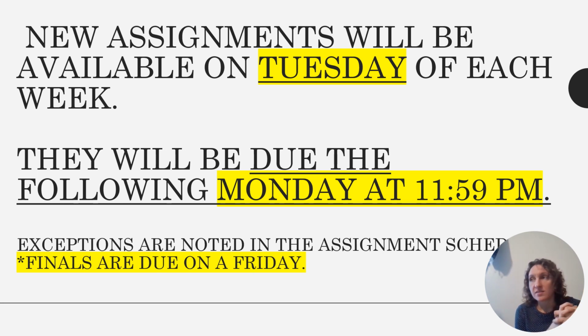Monday seems to be better than Sunday night, kind of like Monday is the start of the work week. So Monday at 11:59 p.m. is when all work will be due in this class, with the exception of finals week. And then Tuesday, right at midnight 01, is when new work will become available for you. Keep that in mind. Every Monday, you're going to have something due in this class.